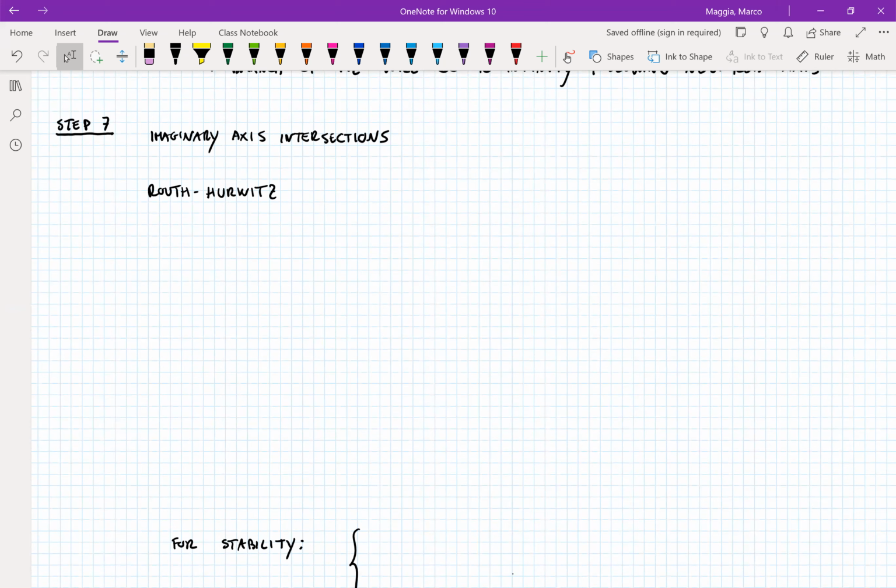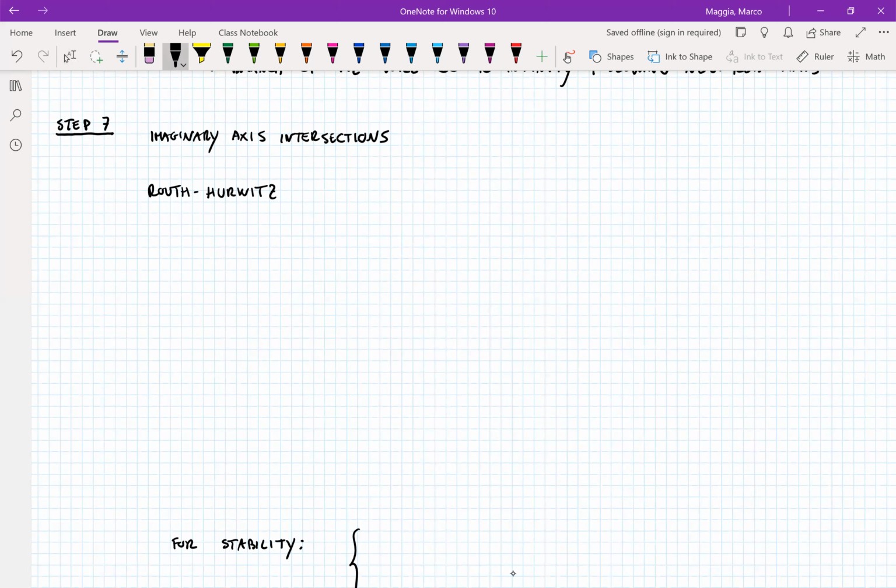We can use the Routh-Hurwitz criterion and then solve the characteristic equations using the critical value for k, or directly solving the characteristic equation, having to find k as well. So let's use the first methodology, that is, let's find the critical value of k using Routh-Hurwitz.